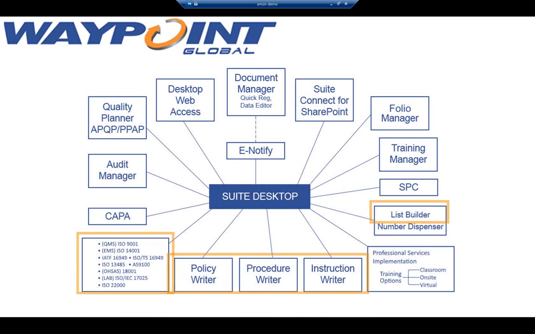As I mentioned, if you see on your screen the spider chart, we have highlighted the areas that we're going to talk about today. In the bottom left-hand corner, you will see the template packs that we now offer to our customers. And as most of you probably know, the ISO 9001 and the ISO 14001 went through a great big revision at the end of 2015 also.